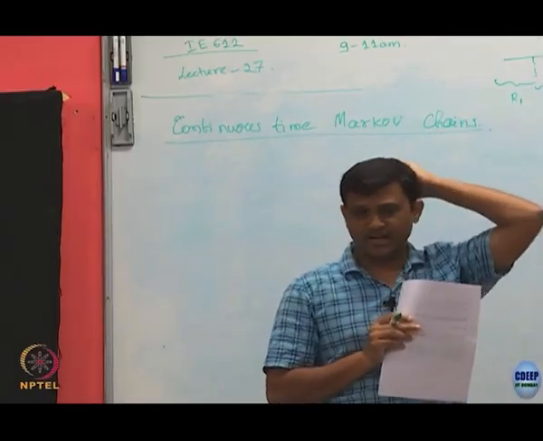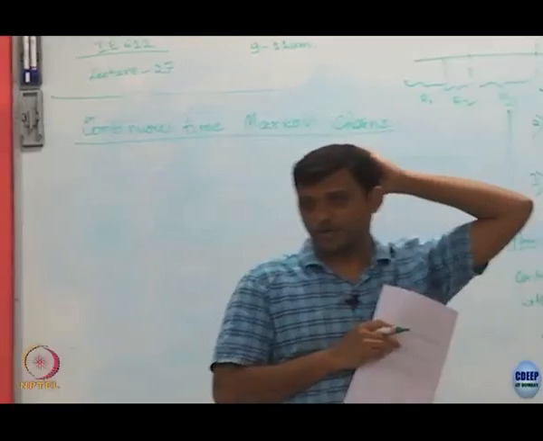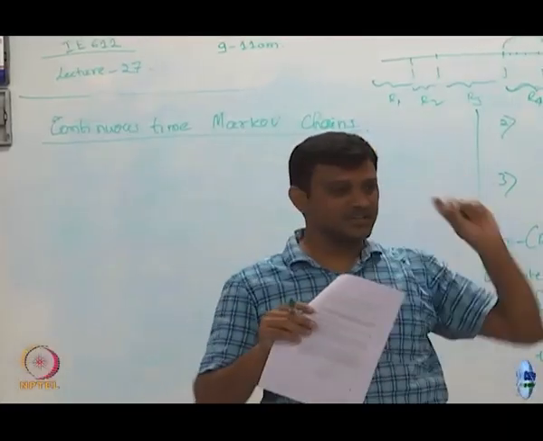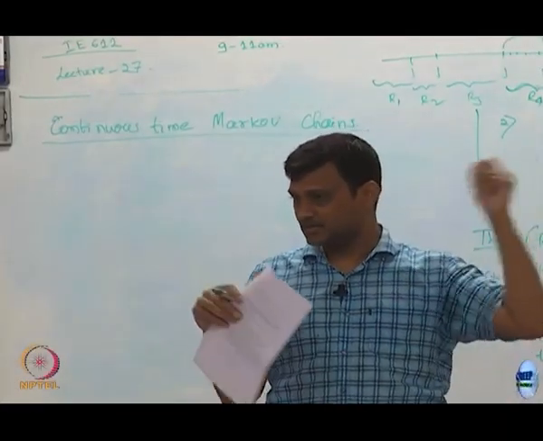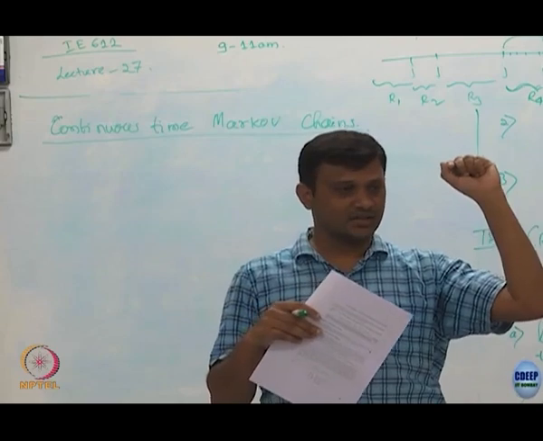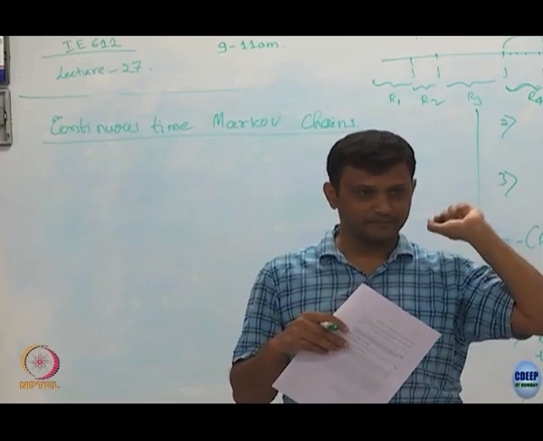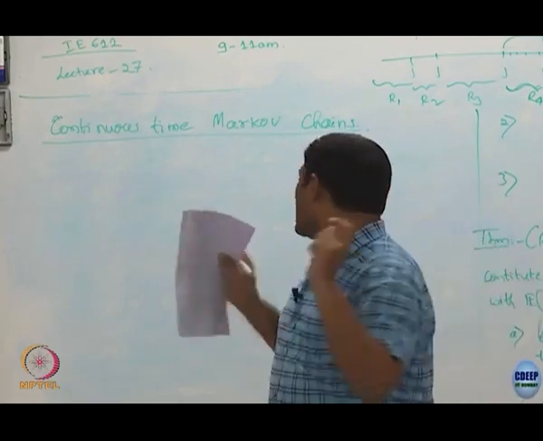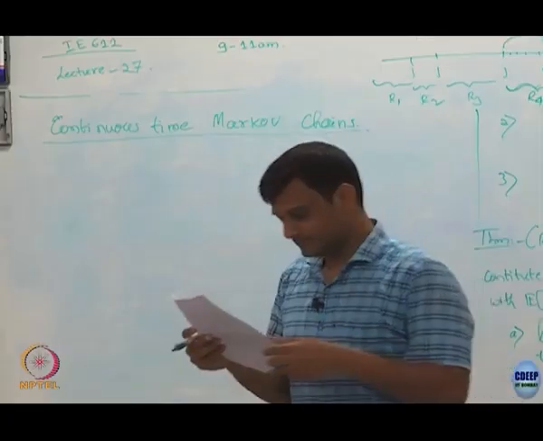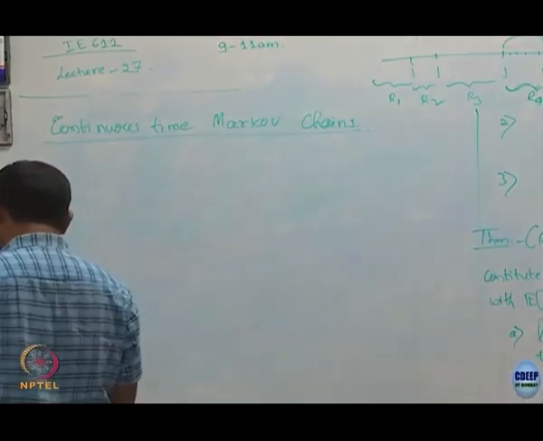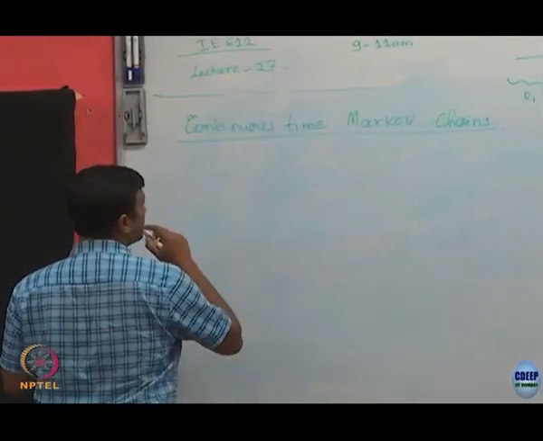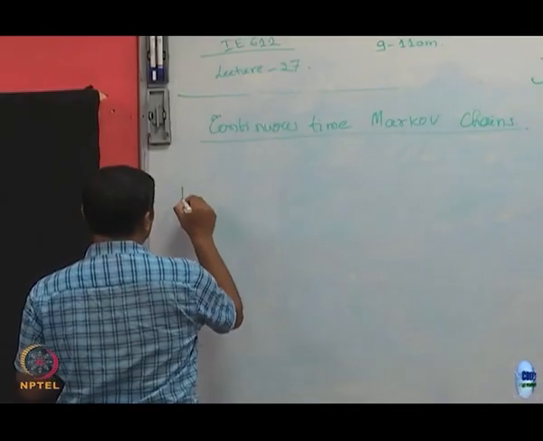We already know what is a continuous random process. Continuous random process is nothing but a sequence of random variables indexed continuously, right, at every time. Now we want to understand what is a continuous time Markov chain. So, definition.